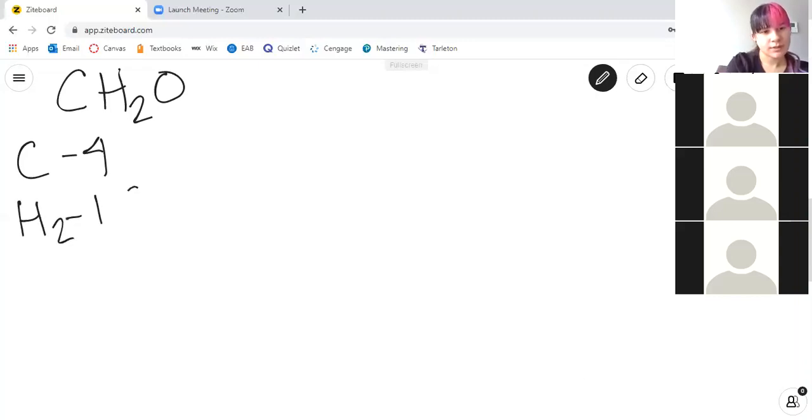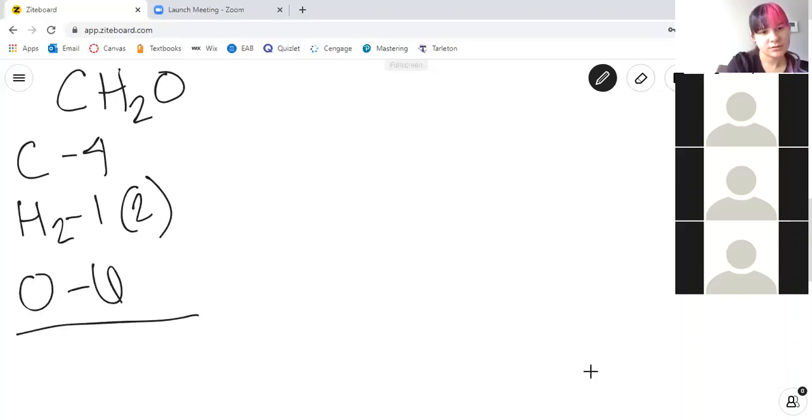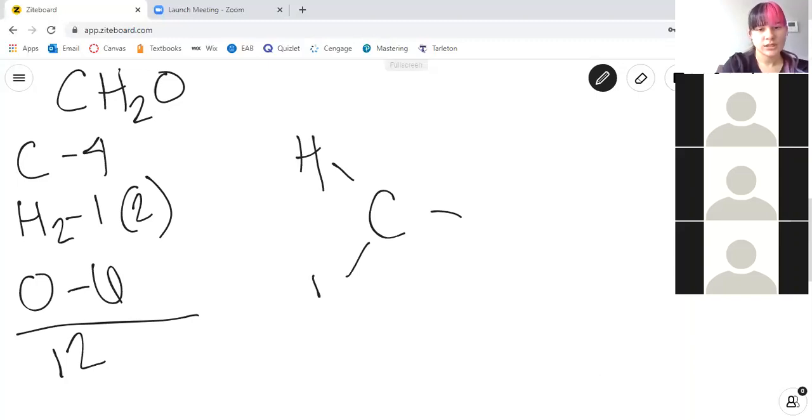The hydrogens have 1, but we have 2 of them. Oxygen is 6, so 10, 12. We're going to have C, H, H, O. You can put these in whatever order you like. That's just how I end up drawing it, because I already know the geometry of it. So we've used 6, so now we have 6 left.